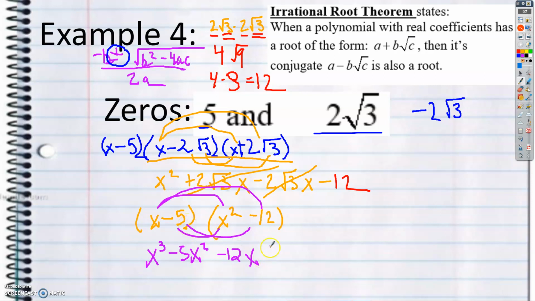Negative 5 times negative 12 is plus 60. And that's it. My answer is x to the third, x cubed, minus 5x squared, minus 12x plus 60. Okay. And I can't combine anything, so that's my answer.